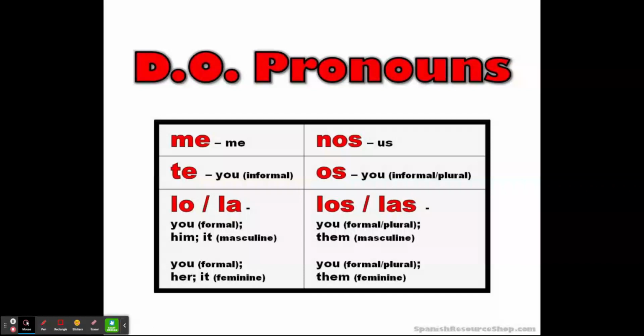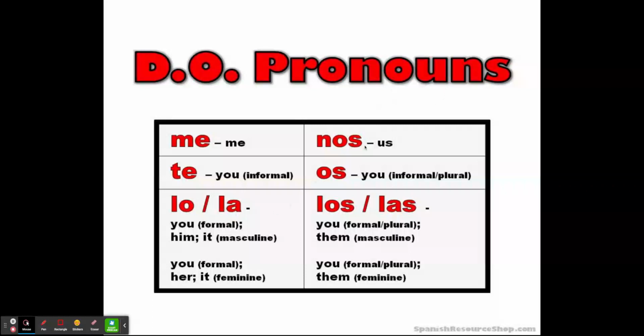Let's say María is helping Pedro. María ayuda a Pedro. For Pedro, you're going to choose lo. Let's say it's the other way around. Pedro ayuda a María. Then you're going to choose la.